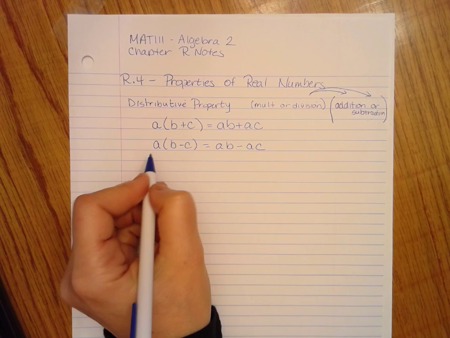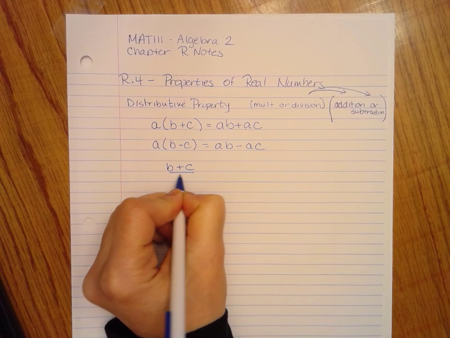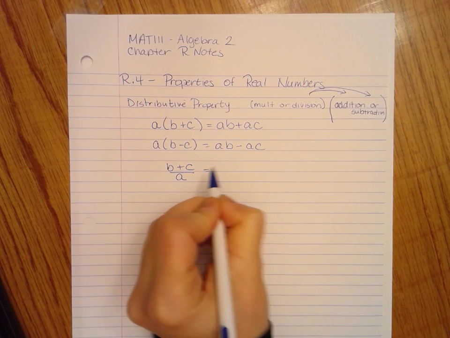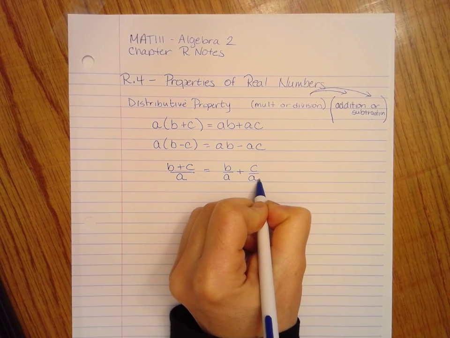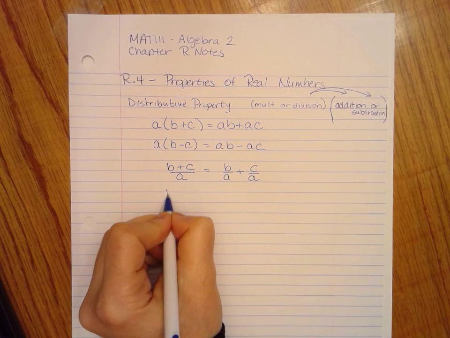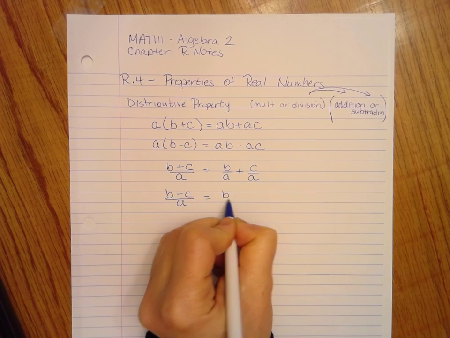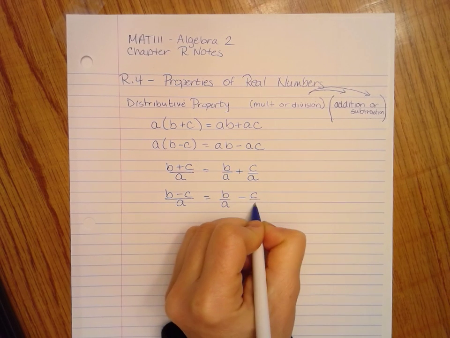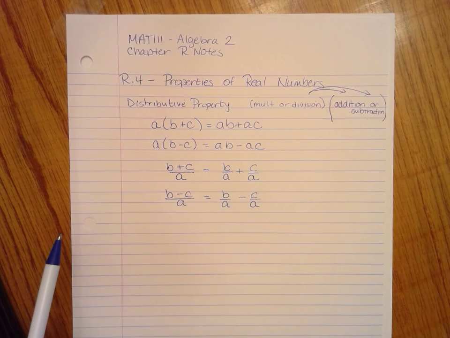It also can be like this: (B plus C) over A is B over A plus C over A. Or with a subtraction in the middle: (B minus C) over A is B over A minus C over A. You cannot cancel one without the other, so I'm sharing. Both of them get it. That's called the distributive property.